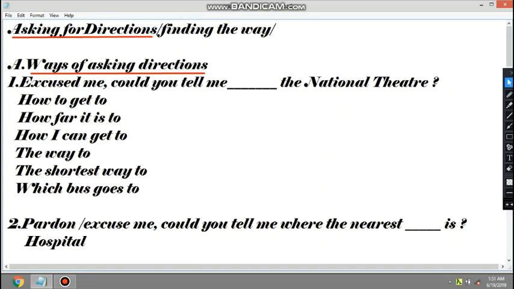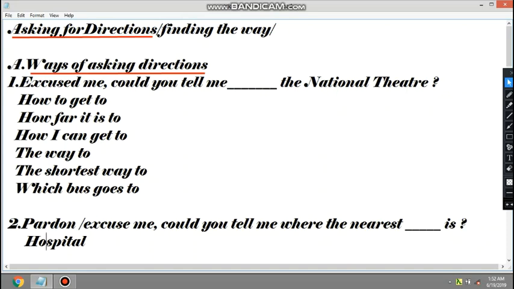So when we are moving from a certain point to a certain location, we may get lost, or we may not find the other places easily, so we need help from others to show us the exact location of a place. So how do we ask others to show us the exact location of a place, the direction of a certain place?